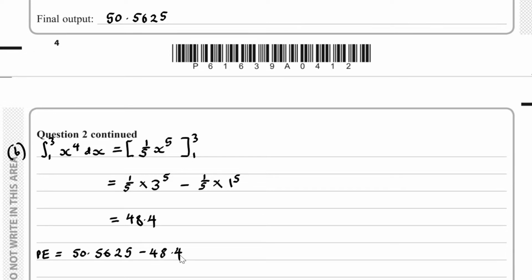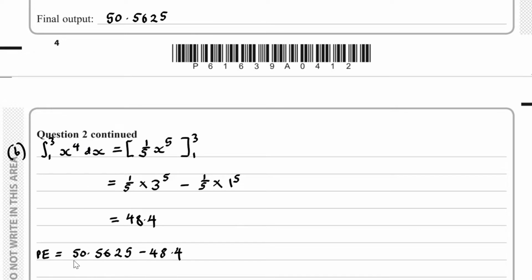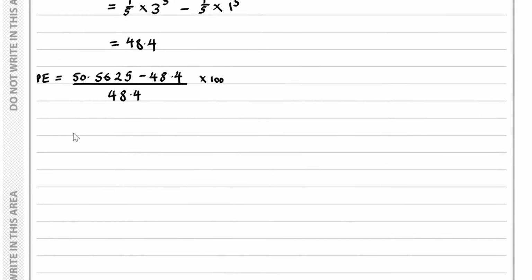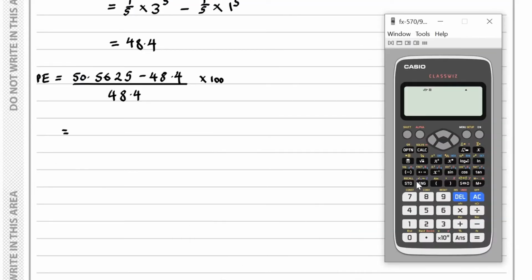and then we divide this by 48.4 and then multiply by 100. So the percentage error we come out with then, we have 50.5625 minus 48.4, and then here we divide by 48.4 and then multiply this by 100.